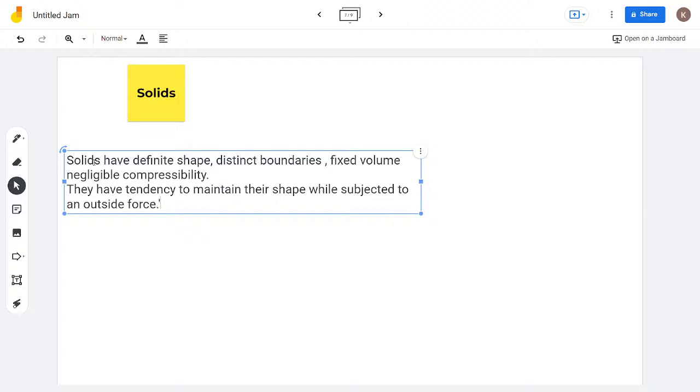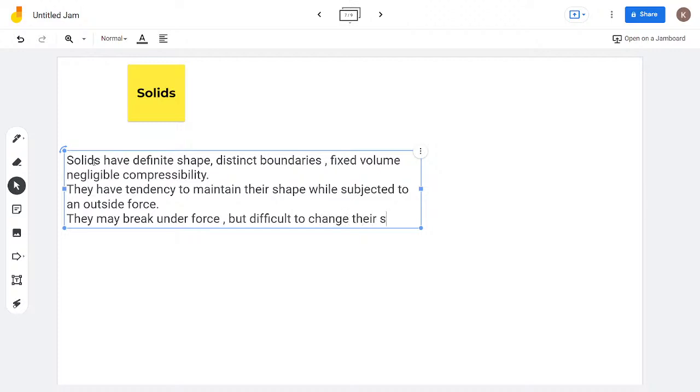They may break under high force, but it is difficult to change their shape. So, solids are rigid.